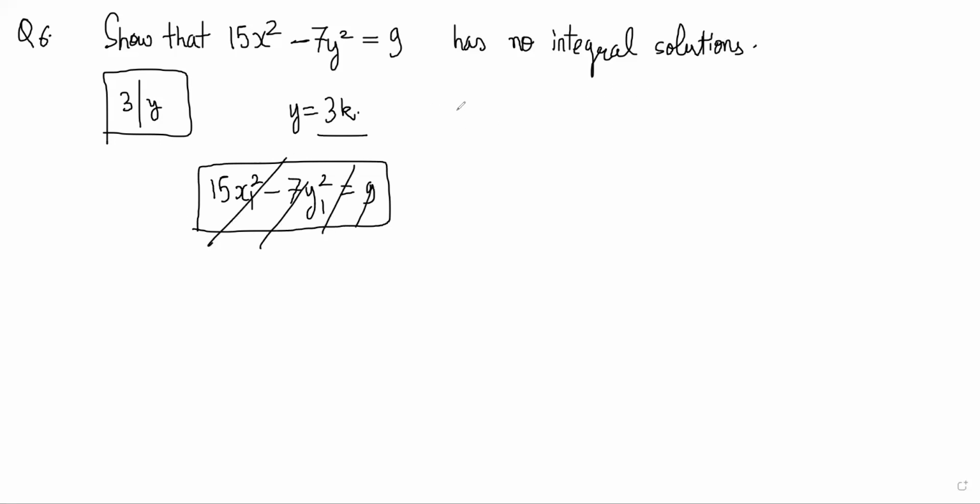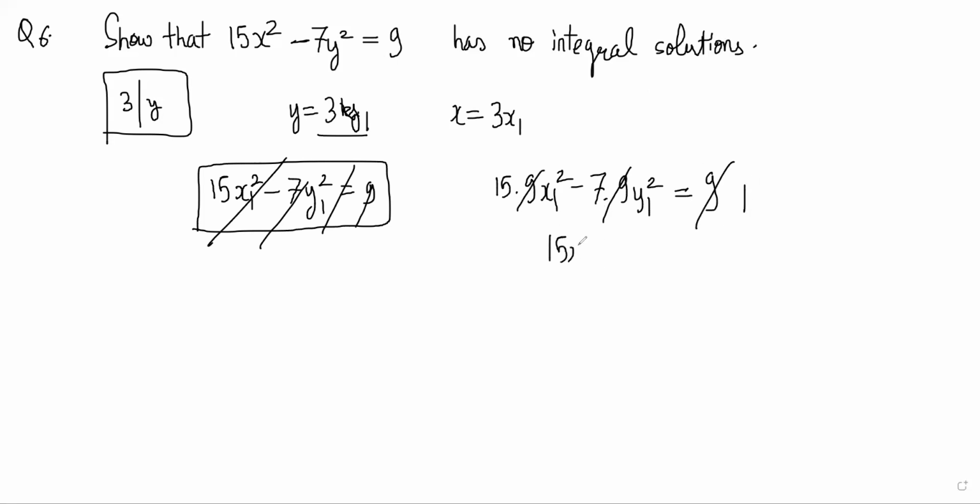Since we know x is also divisible by 3, x can be written as 3x1 and y can be written as 3y1. Put that there, you'll get 15 into 9x1 square minus 7 into 9y1 square is equal to 9. So 9 goes away. It becomes 15x1 square minus 7y1 square is equal to 1.